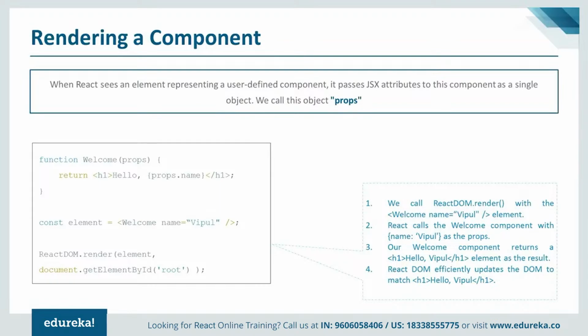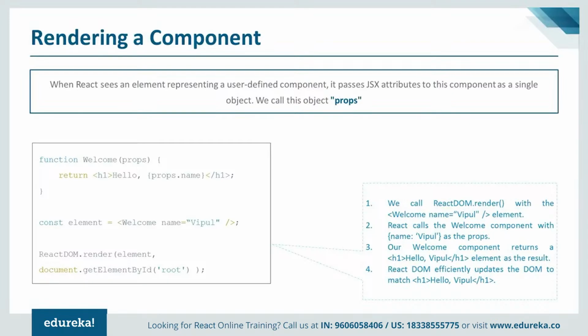React calls this welcome component with name Edureka as the props. This welcome component returns Hello, and props.name, which is written over here. So props.name and the component attribute name should match. And finally, ReactDOM efficiently updates the DOM. ReactDOM here refers to the virtual DOM, which efficiently updates the DOM to match the Hello Edureka h1 tag.